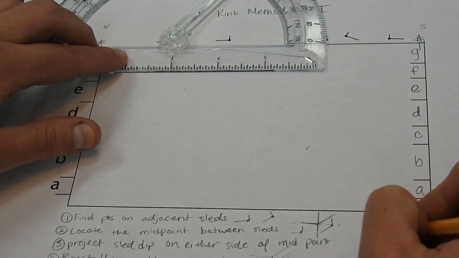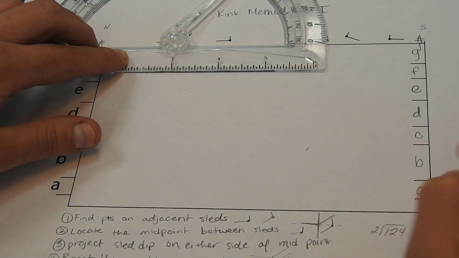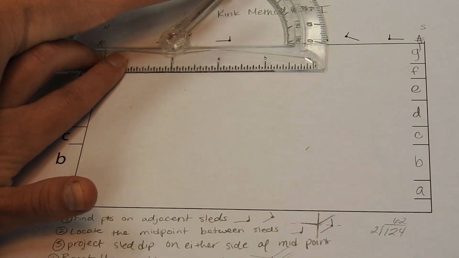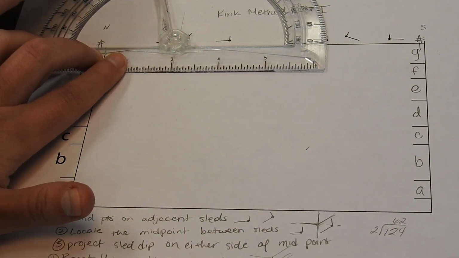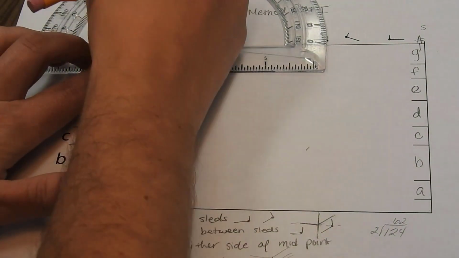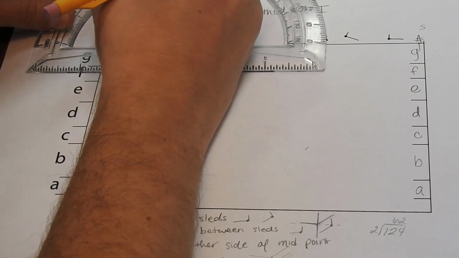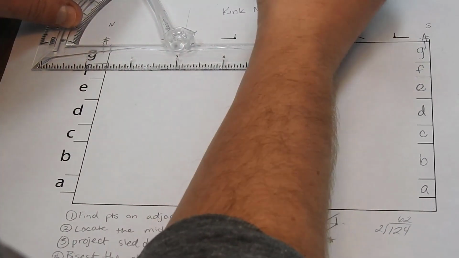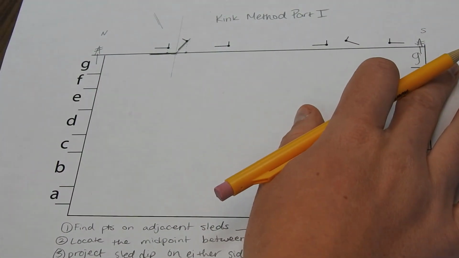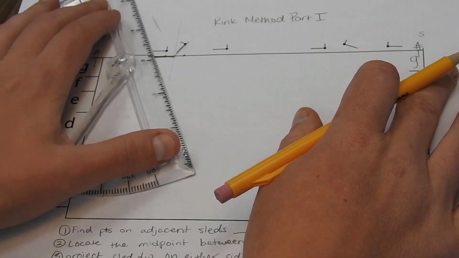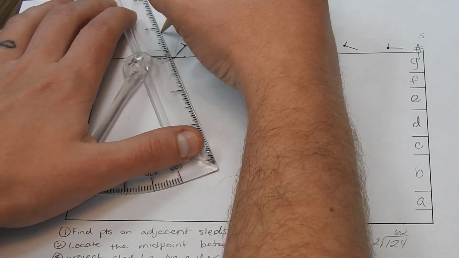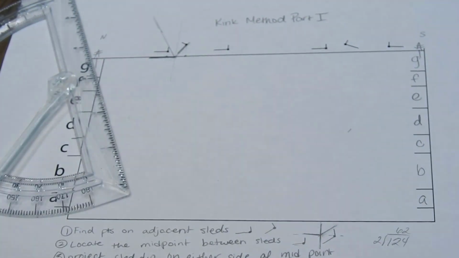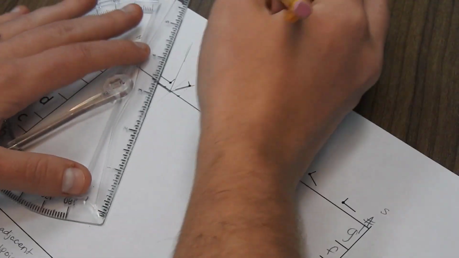So 124 divided by 2 is 62. So now I'm going to bring my protractor over to 62 degrees. All right, that's my angle bisector, right here.